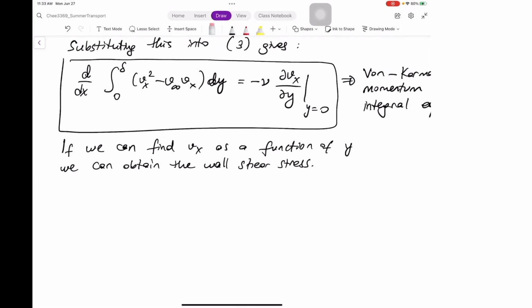Let's have a look at the left-hand side, particularly. That's equal to d over dx, integral from 0 to delta, vx squared minus v infinity vx, dy.